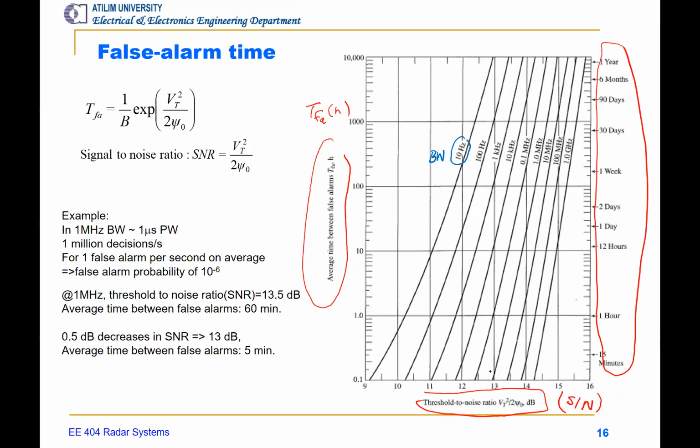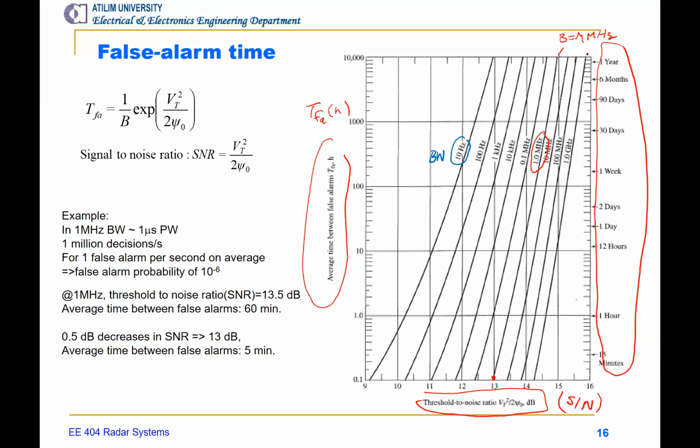For example, if we take an SNR of 13 dB for 1 megahertz bandwidth, so this is the 1 megahertz bandwidth. As you remember again, bandwidth is a design parameter and we tune it. We determine it according to the requirements, according to the mission of the radar. So if we choose the bandwidth, then we can next talk about SNR, how much SNR we can tolerate or may need. And then we can determine the false alarm rate.